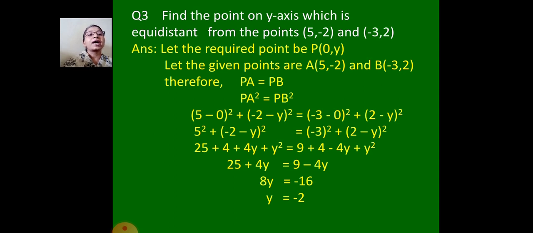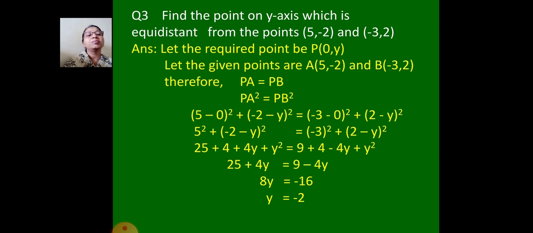Now these brackets you need to expand by using identity. So 5 square is 25 plus, now from that second bracket you take out minus sign outside the bracket. If I take minus sign out, so what will come in the bracket? 2 plus y and the whole bracket square, and square of negative sign is positive.